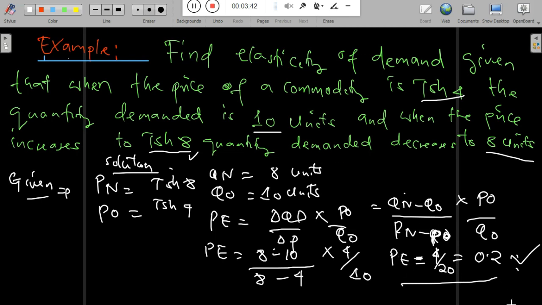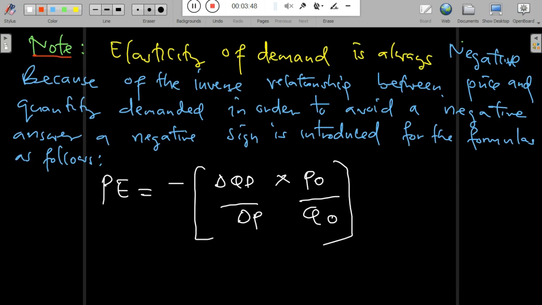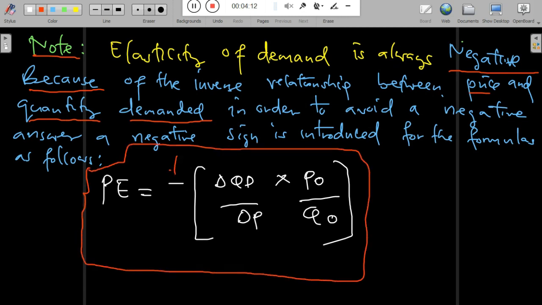Something to note is that the elasticity of demand is always negative because of the inverse relationship between the price and the quantity demanded. So in order to avoid a negative answer, we normally introduce a negative sign in the formula. So we normally introduce a negative bracket, that is, negative change of QD over change of price times Po over Qo.